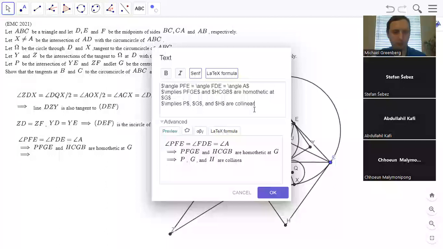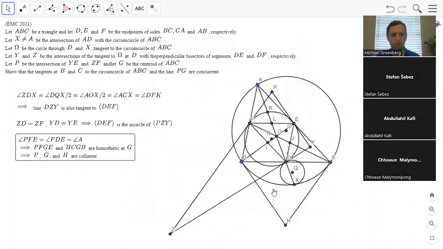And that basically solves the problem. And that implies, yeah, I'll just end it there. So not really that long of a solution.